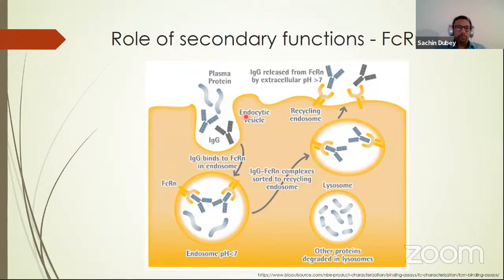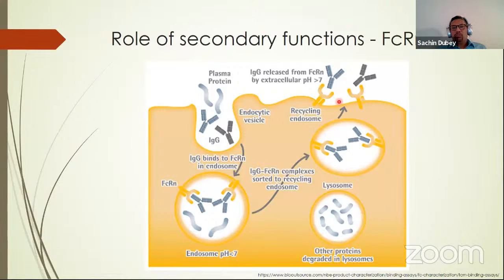This FcRn receptor then internalizes it to form endosomes. The pH changes, and because of this pH change, all the other molecules which cannot remain bound to the FcRn are digested by the lysosome present in this endosome. Since antibody can bind to the FcRn, they are recycled back onto the surface and taken out.